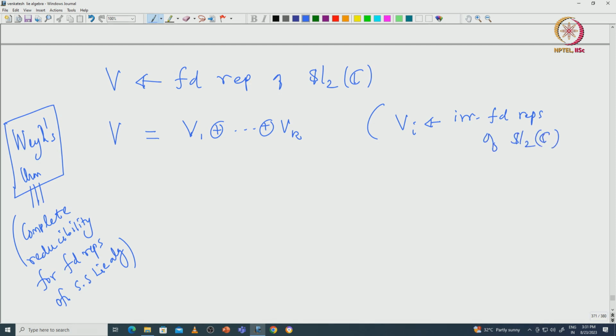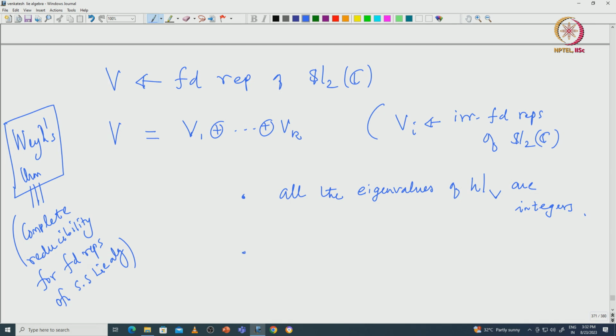Now we can see that using this we can immediately get all the eigenvalues of H when it acts on capital V, and they should all be integers. Why? Because we know this for all irreducible finite dimensional representations of SL2C, so using complete reducibility we get this for free for capital V.